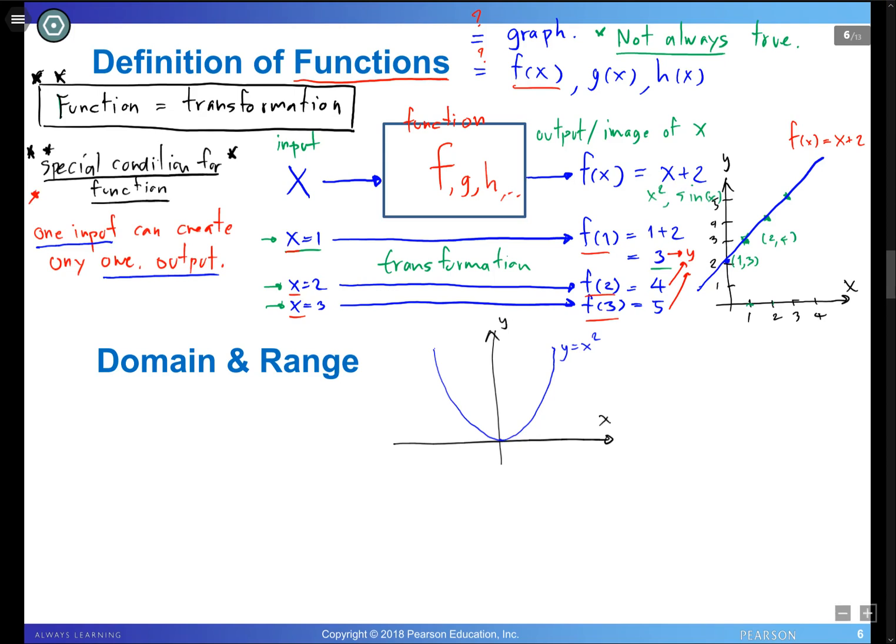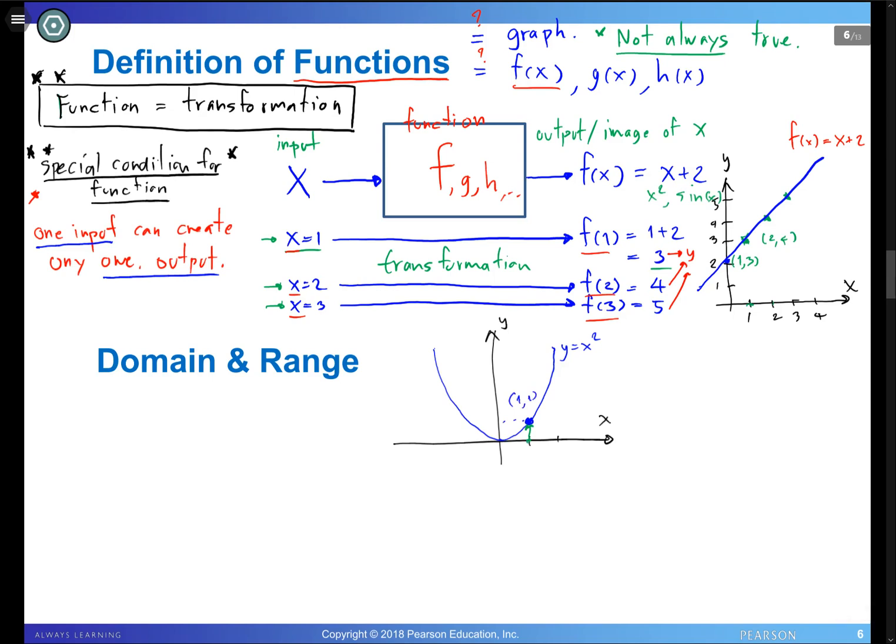So let's check that. Let's check x equal to 1, x equal to 2, right? At x equal to 1, at this point, I'm going to check the output of this curve. So going up, I see only one output right here. Going up, and I see a point right here. And this happens at coordinate (1, 1). Alright? So at this point, one input of x creates one output, one value of y.